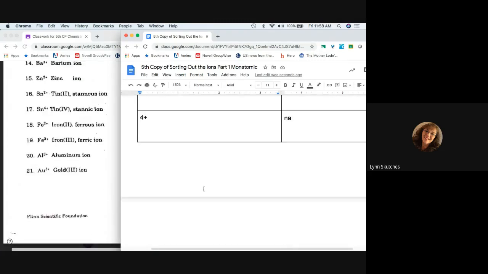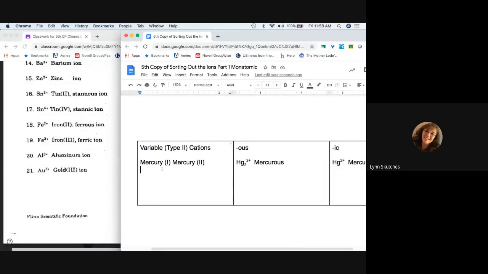Okay, and then we'll go down to this new list. This is the part that I told you not to do last time, but we do need to know it. Copper 1, copper 2. Let's do that. And then I'm going to get rid of the space, and I'm going to do the right name. So remember, copper's old name is cuprum.